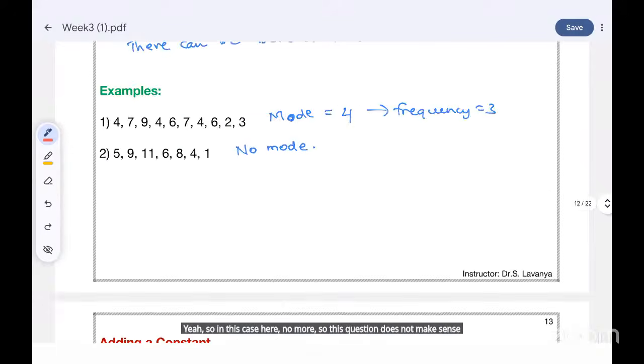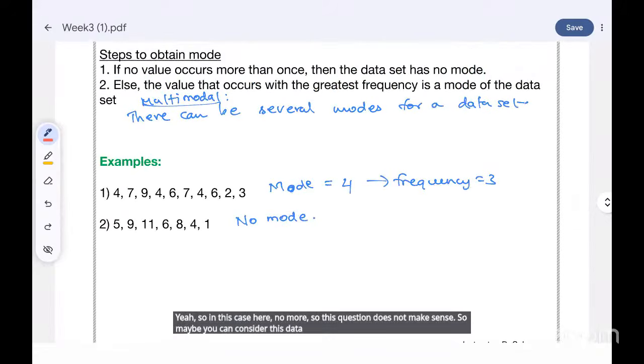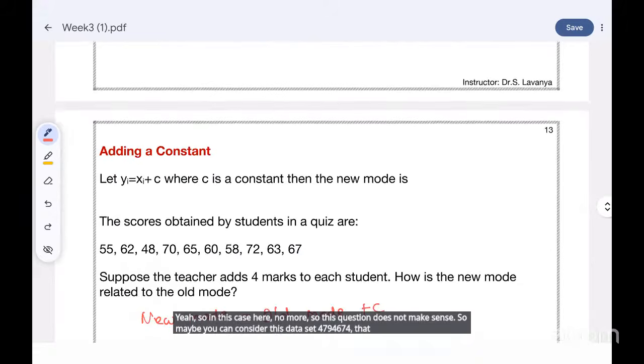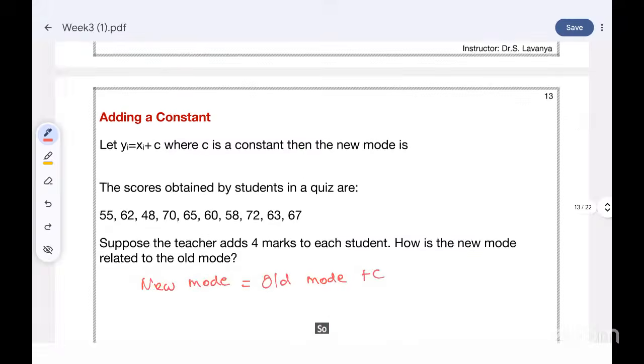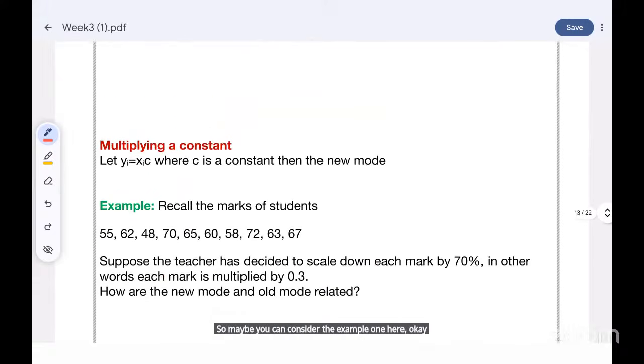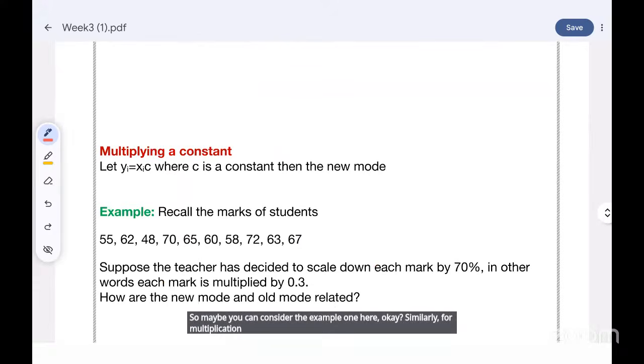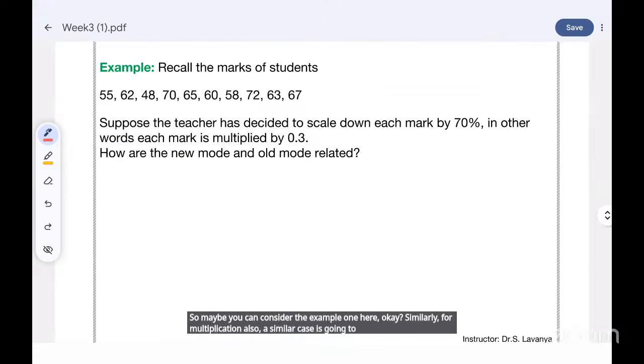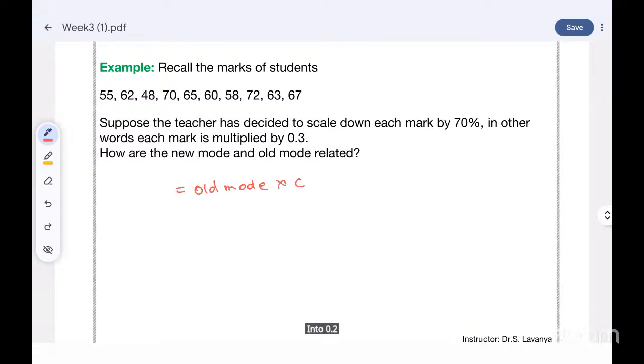You can consider the example 1 here. Similarly, for multiplication, old mode into C is your new mode.